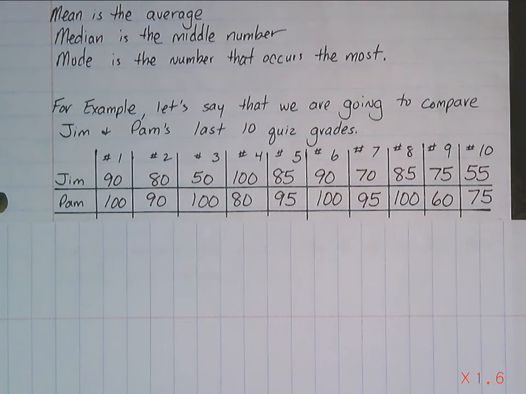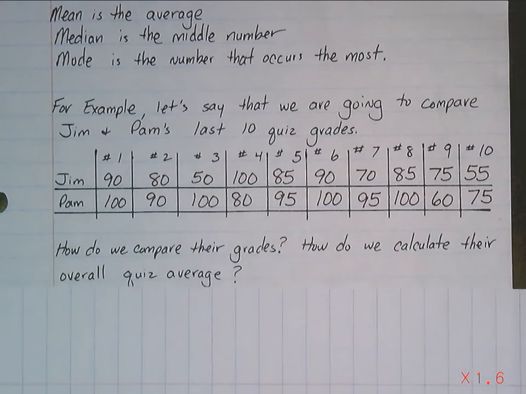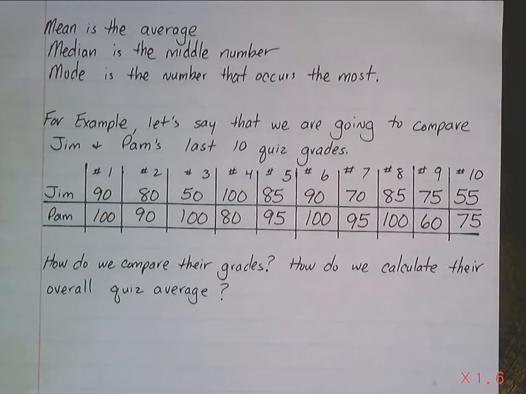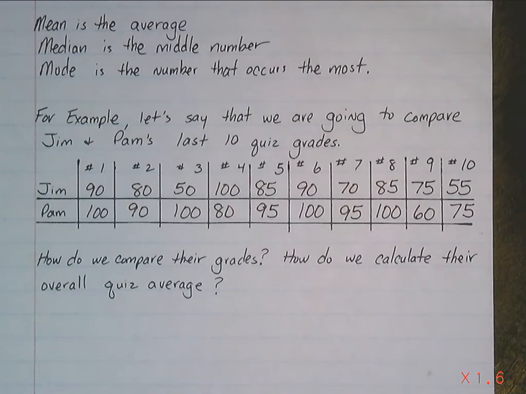And we wanted to know how to compare them. How do we compare their grades? How do we calculate their overall quiz average? Well, first, if you're being asked what is the mean or what is the average, you're going to have to add them up and then divide by how many grades that you've added.